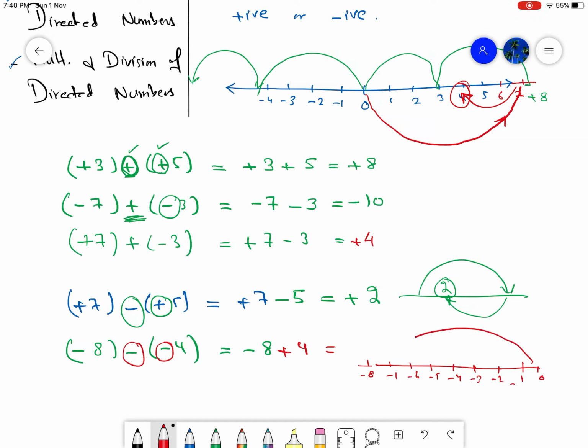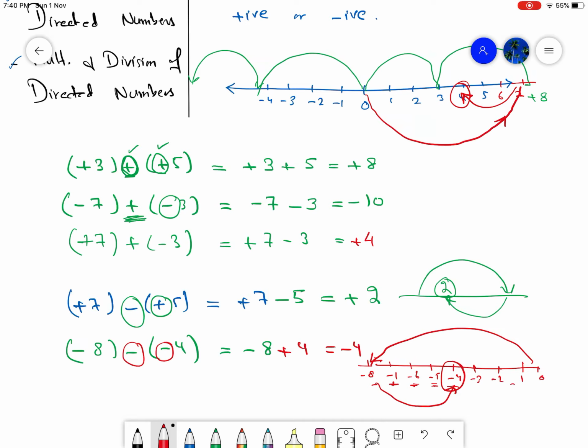So from here, this is minus 8 and plus 4. 1, 2, 3, 4. So we'll go back 4 units. So our answer would be minus 4.